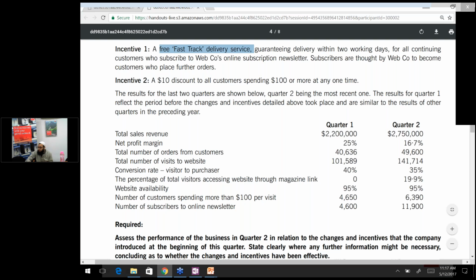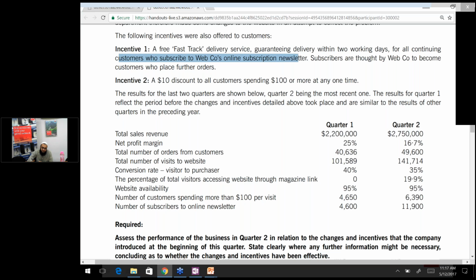But the most important point here that people do miss is this service is only for continuing customers who subscribe to the online newsletter. And continuing means one who placed further orders. It's not a customer who's coming for the first time and not coming again; they will not get this service.